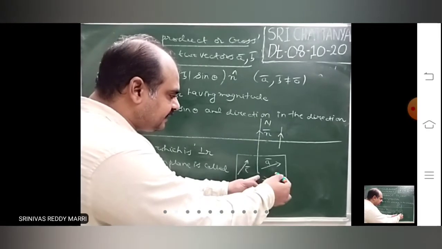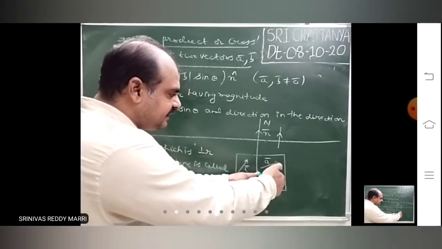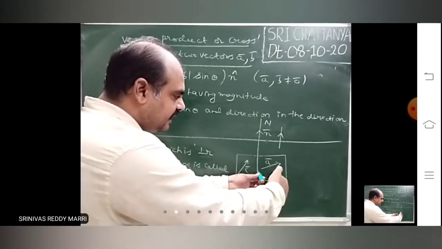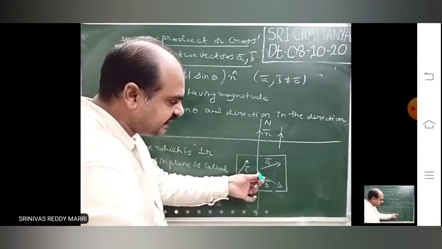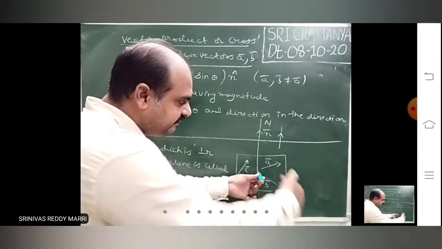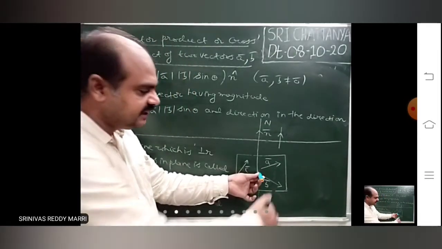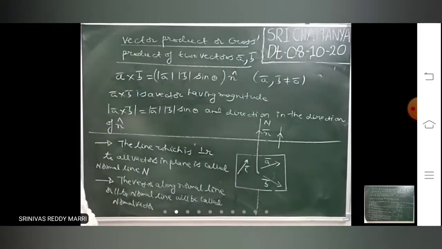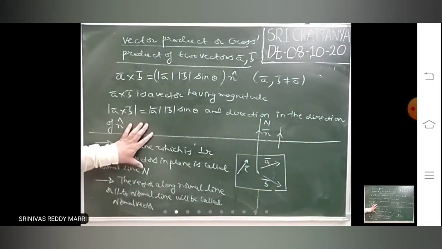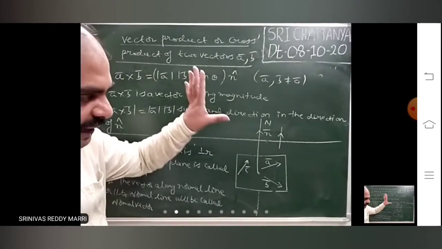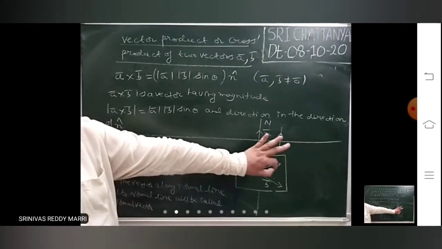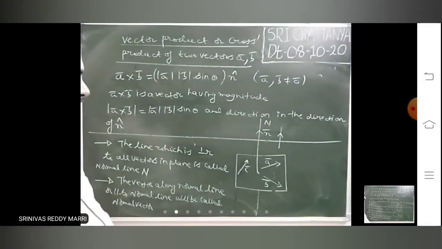You keep another pen here like this, parallel to this. That means this line and this line are parallel. If this line is perpendicular, this line will also be perpendicular. That means any vector along that line will also be perpendicular. This is called normal. Whenever the plane is your paper, whenever normal, you keep your pen vertically. That is called normal.